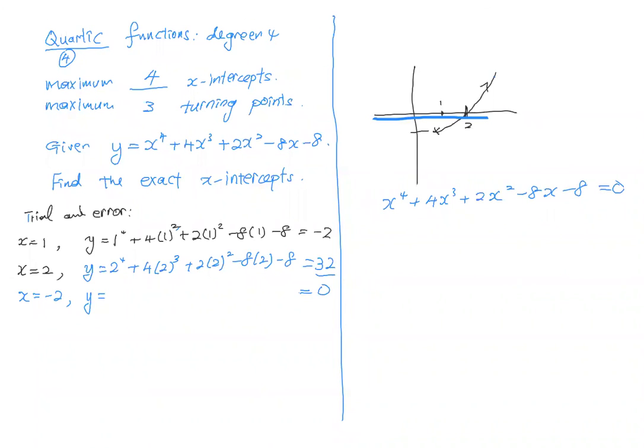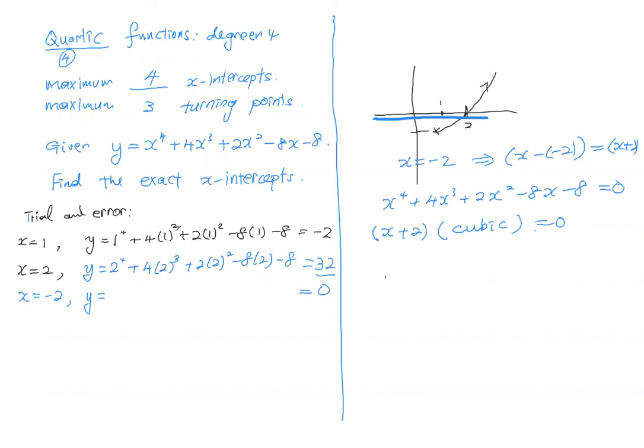So since x is equal to negative 2, that means the factor will be x minus negative 2, which is x plus 2, am I right? So it will be x plus 2 times a cubic, equal to 0.